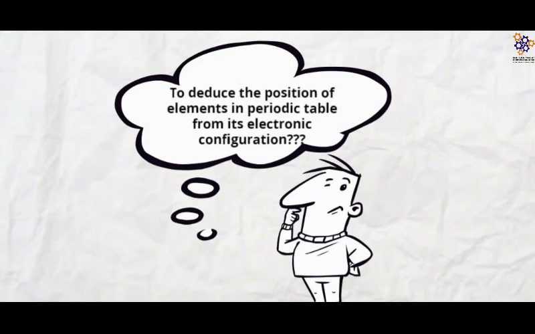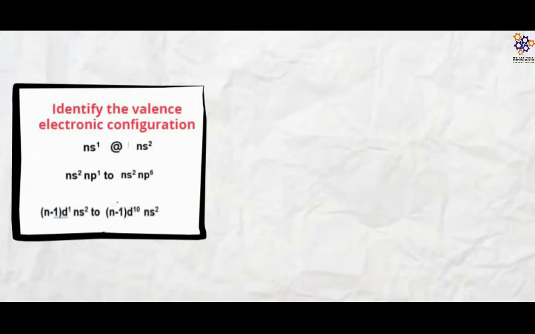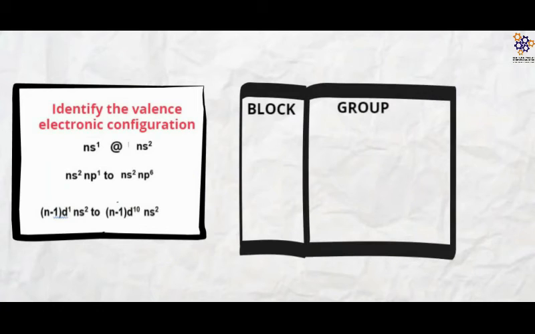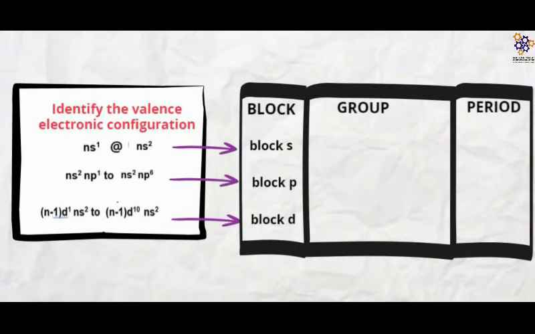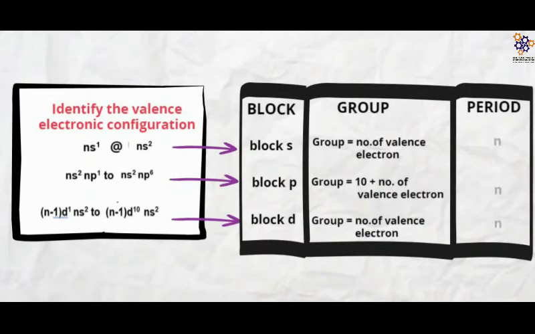How to deduce the position of elements in the periodic table from its electronic configuration. We only need to identify the valence electronic configuration first, before we deduce the position.